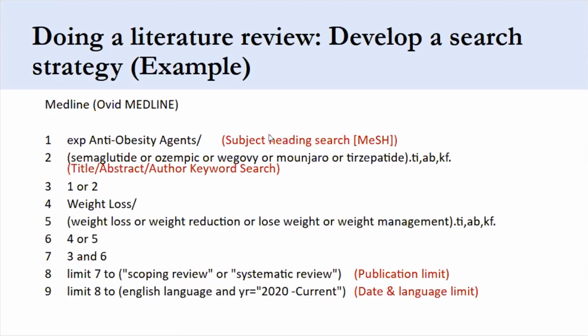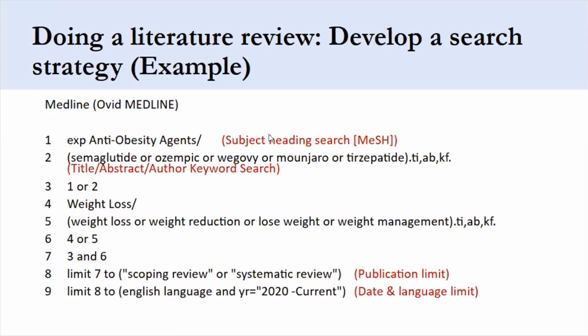Again, we put that set together in line 6, so we've got an overarching set for our outcome. And then in line 7, we're bringing them together so that we get the overlap. So we're only getting the anti-obesity agents where they also mention weight loss.